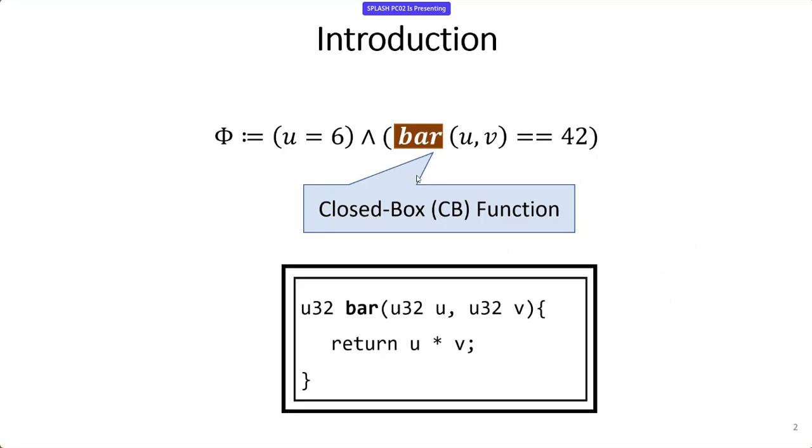For simplicity, take this example as a function definition. This function does nothing but simple multiplication. But in our setting, we will not have access to the definition. We'll only have access to the interface of this function.